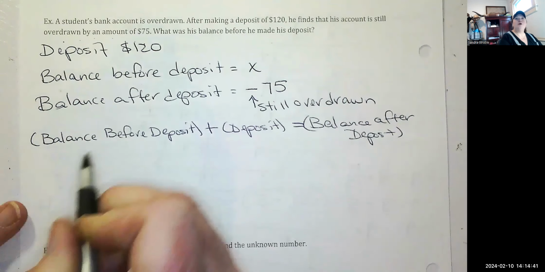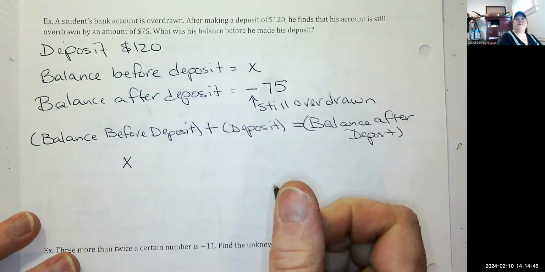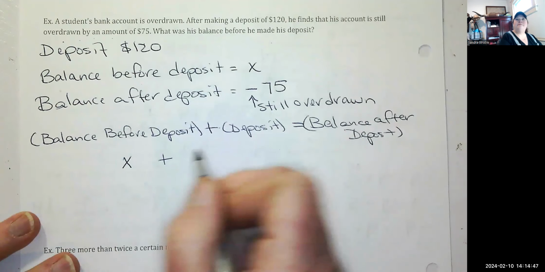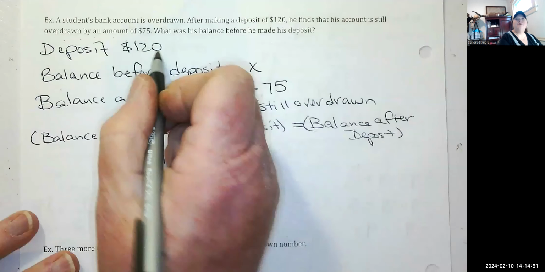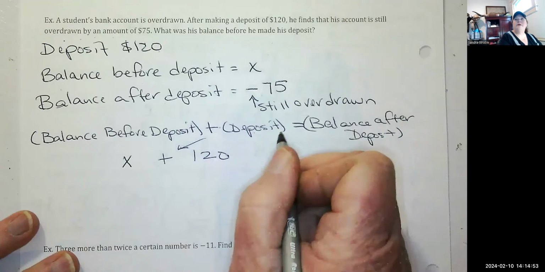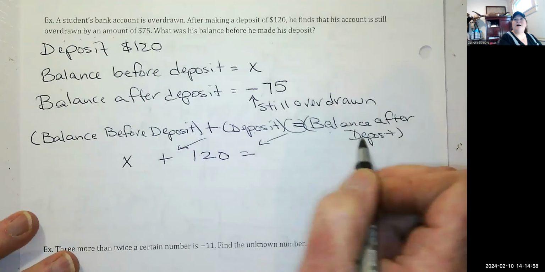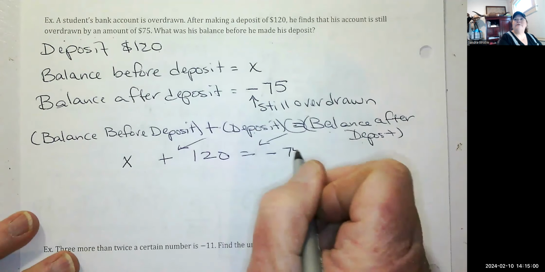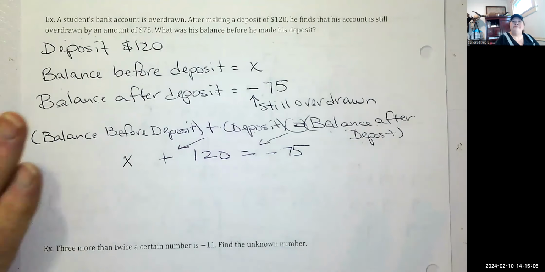Okay, so the balance before the deposit is X. And we're going to add the deposit, 120, is equal to balance after deposit is negative 75. Just substituting what we figured out.